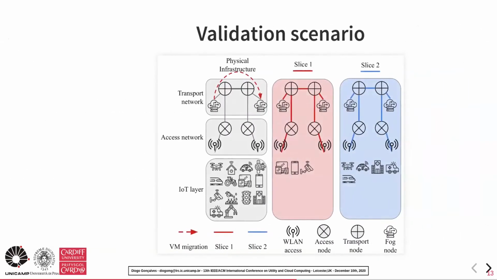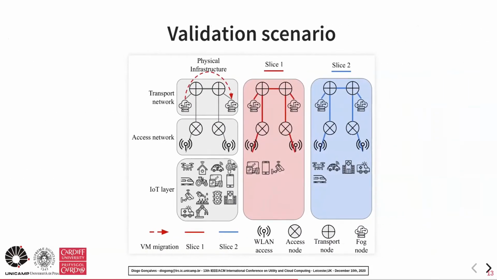In our validation scenario, we model an infrastructure with 2 fog nodes and 2 slice instances. The users are connected to these fog nodes by a wireless interface. In this scenario, the users are moving from one fog node to another, and then the infrastructure will perform a service migration. Each user is connected to a virtual machine.